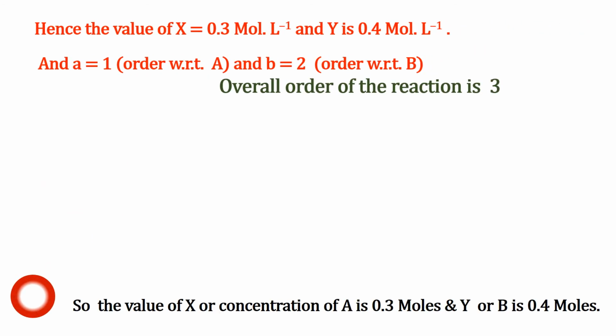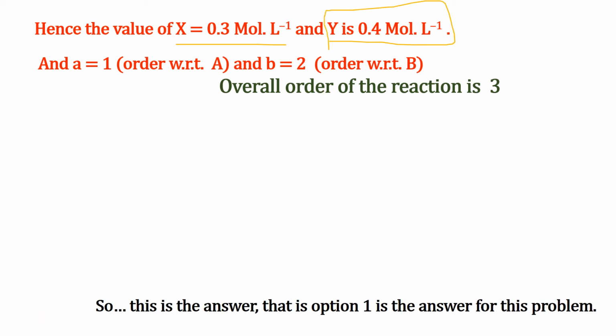So the concentration of A is 0.3 moles per liter and the concentration of B, or Y, is 0.4 moles per liter. So this is the answer, option 1 is the answer for this problem.